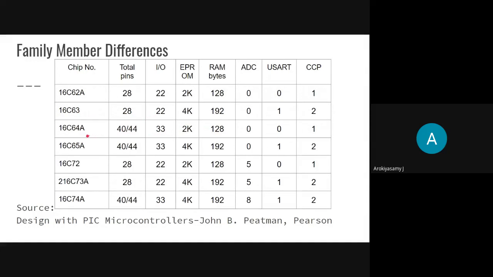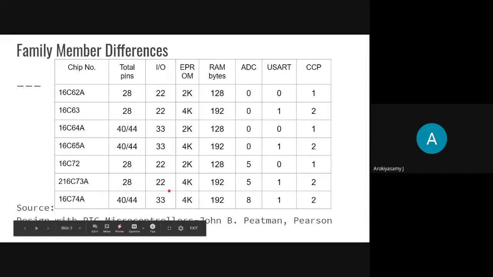In 64A and 65A devices, 33 pins are allotted out of 40 pins. Once again, in 72 and 73A, 22 pins are allotted for I/O operations.